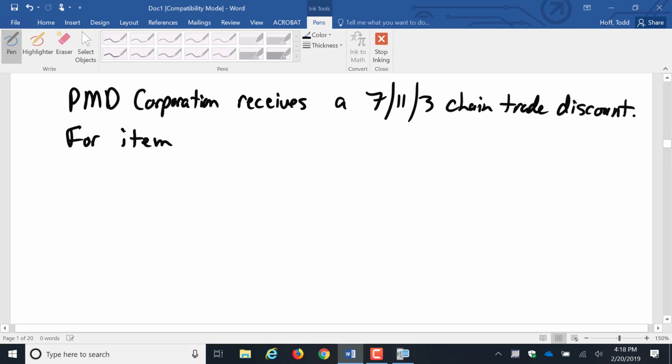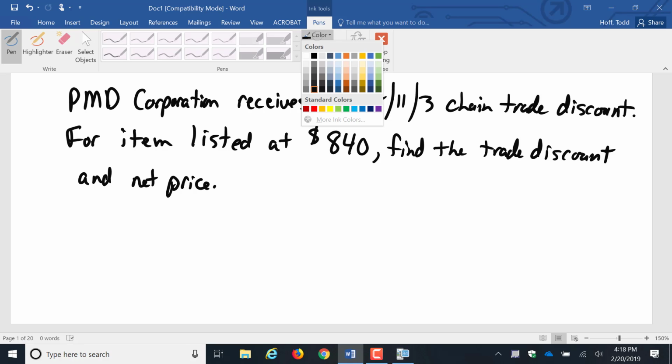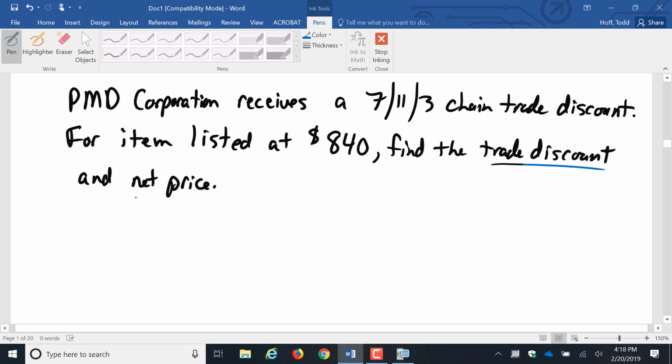For items listed, in other words, with list price, at $840, find the trade discount and net price. So again, we're asked to find that trade discount and net price.